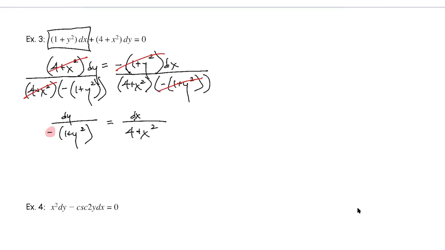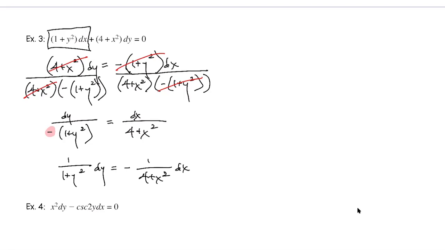So that'll give me 1 over 1 plus y squared dy on the left-hand side and negative 1 over 4 plus x squared dx on the right-hand side. You could have done this without dividing by a negative sign in the beginning and still gotten the minus sign to stay on the x side.